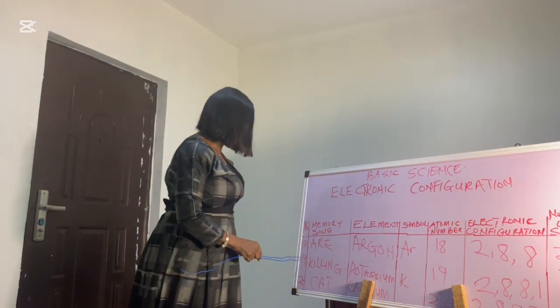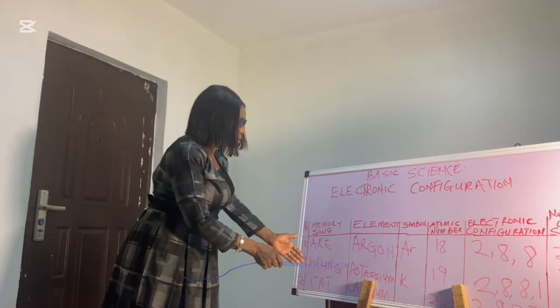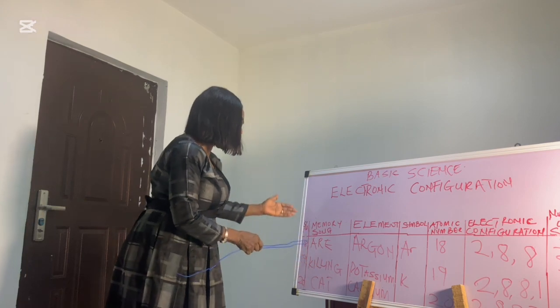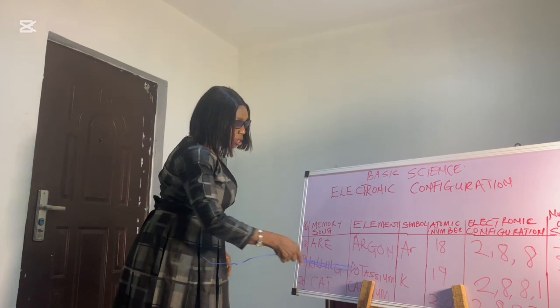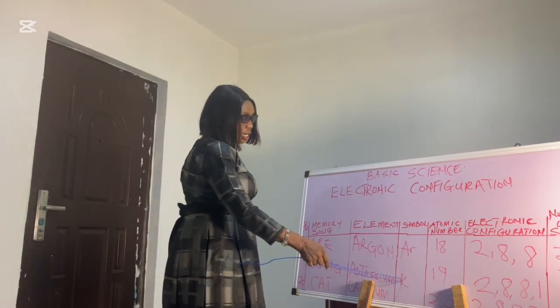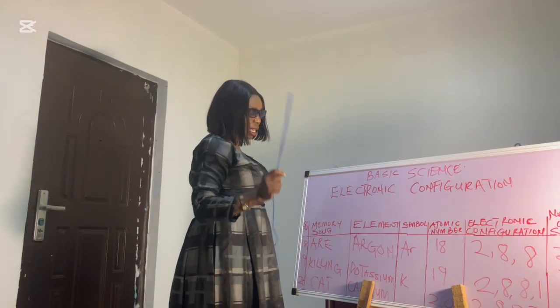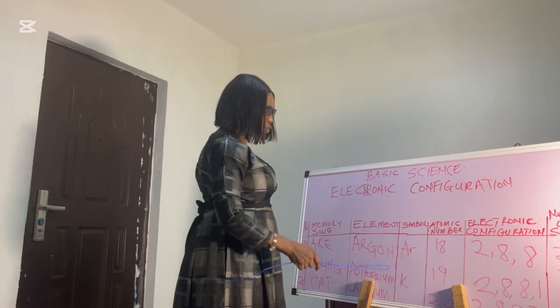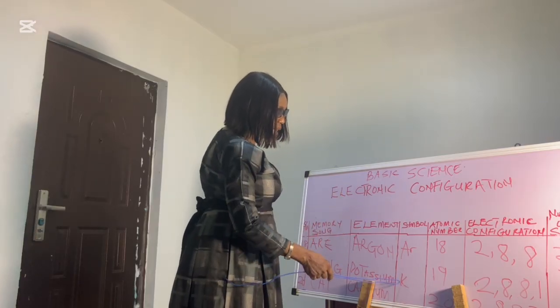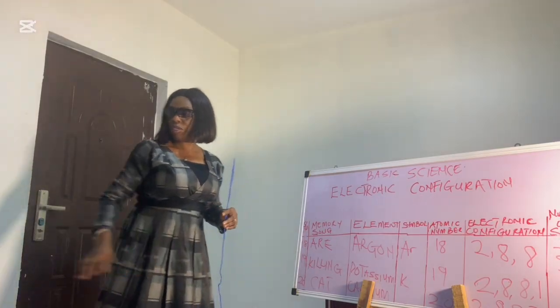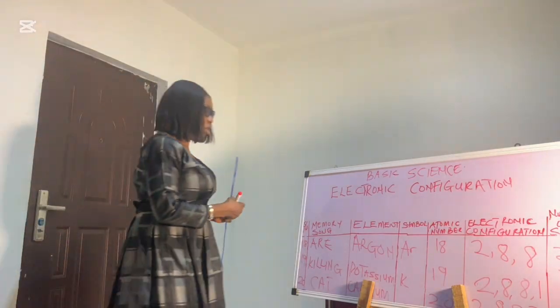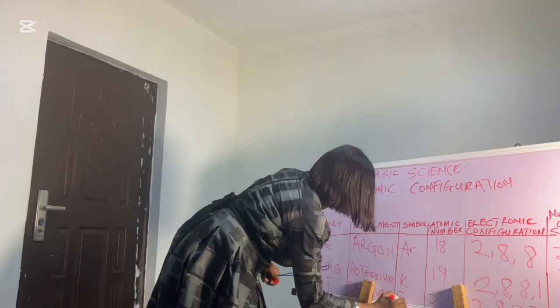So let's go to the next element. Potassium. The song says "killing." So there's no K in the spelling of potassium, but there's K as a symbol. Like sodium, potassium's K is taken from the Latin name, which is Kalium.